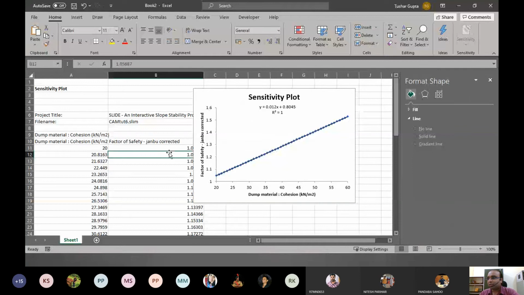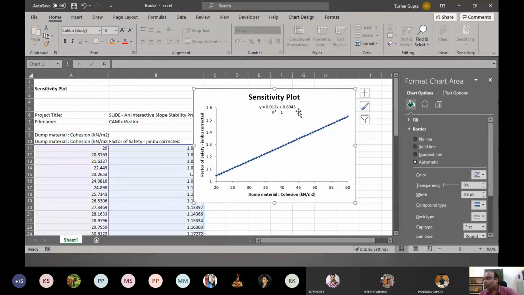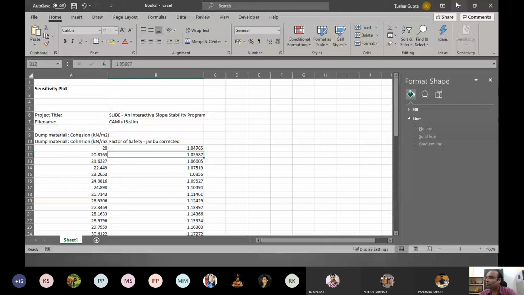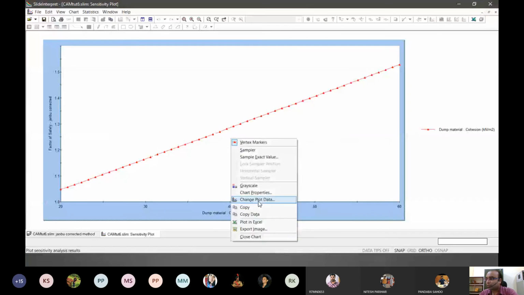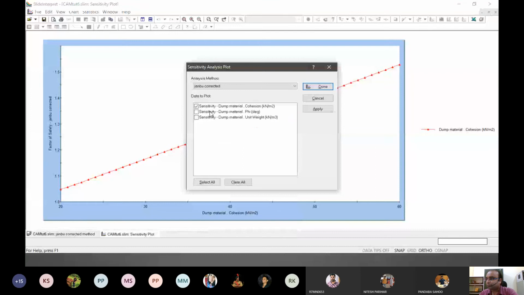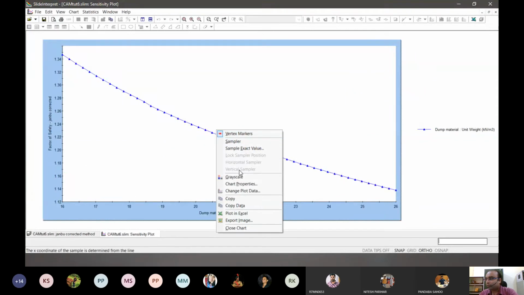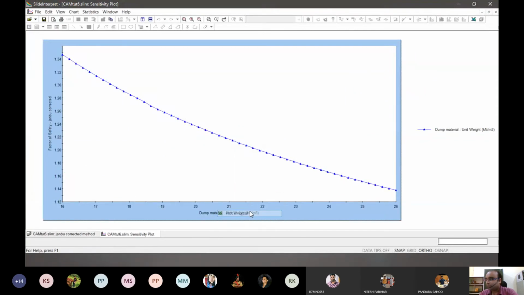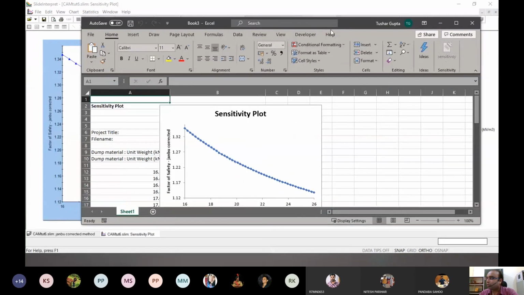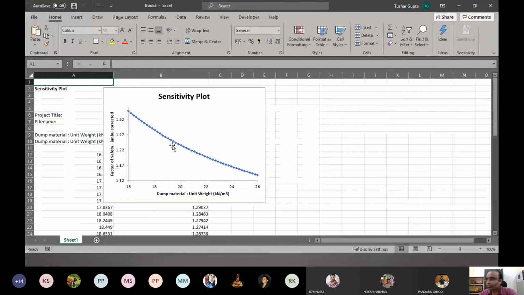This also can be done by manual calculation if we want to. So that also can be done. That's okay. And this will keep on changing, because in the non-linear part as well, this sensitivity will change with respect to where we are seeing it. So for example, if we go for this one, unit weight, and if we plot it in Excel, a linear fitting won't be a perfect fit in this.